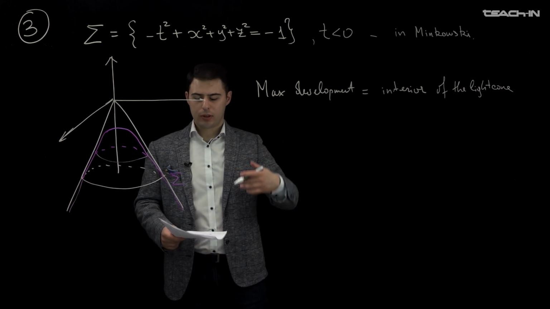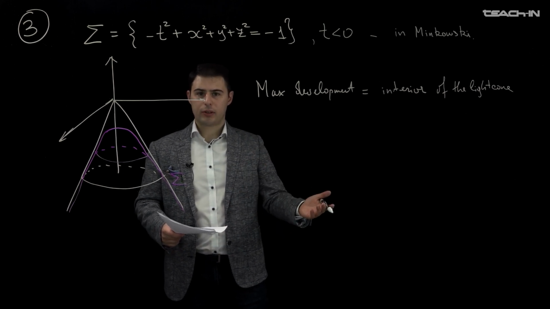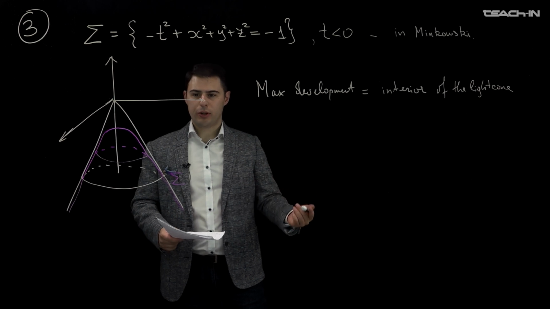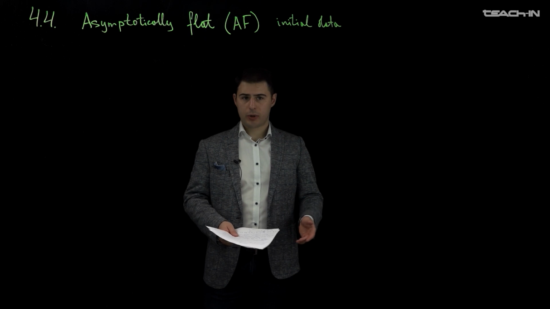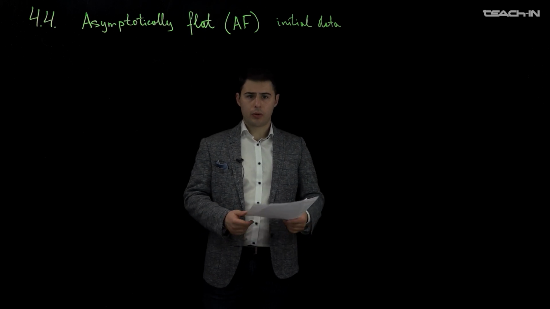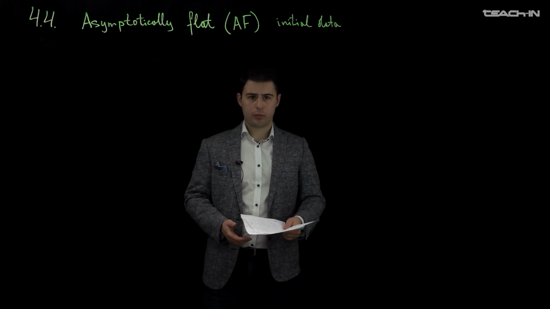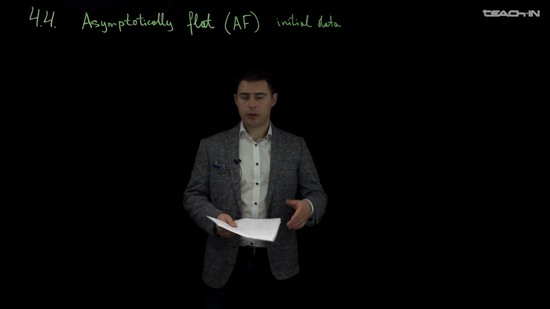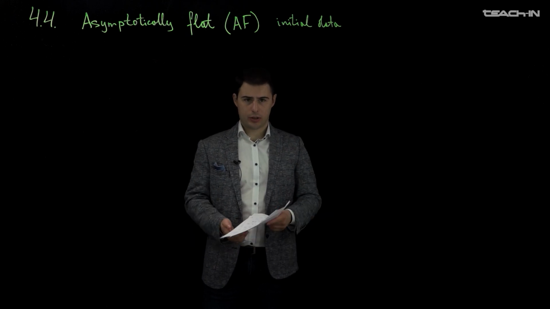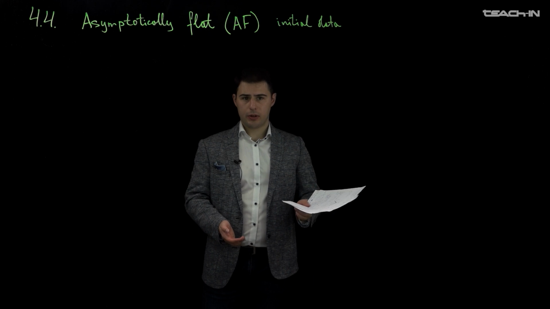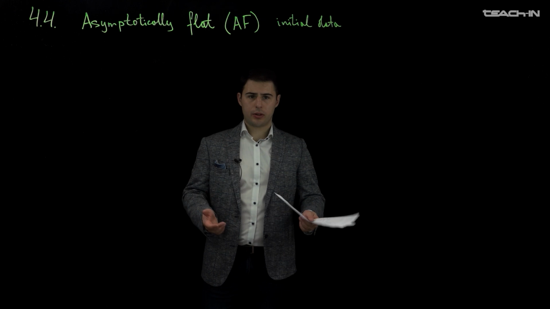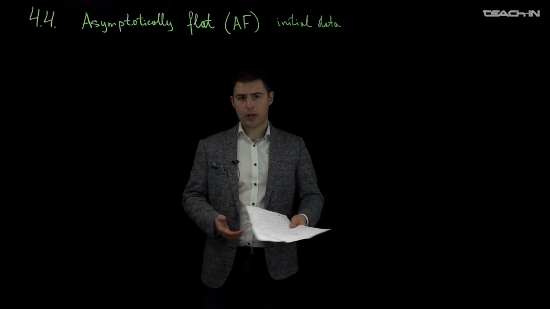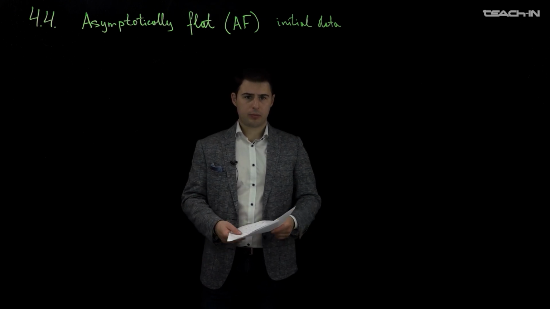In other words, this allows the transition of information from infinity. Good. So to summarize the previous section, we want our initial data to be good in the global sense. It must be inextendable, it must be geodesically complete, and there should be nothing coming in from the asymptotic region.